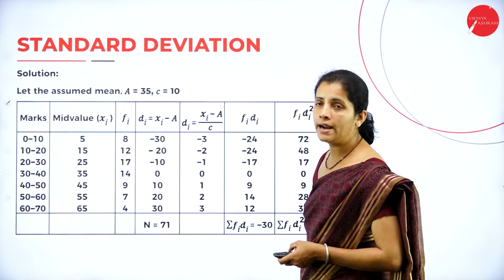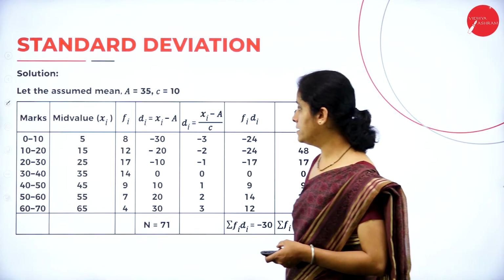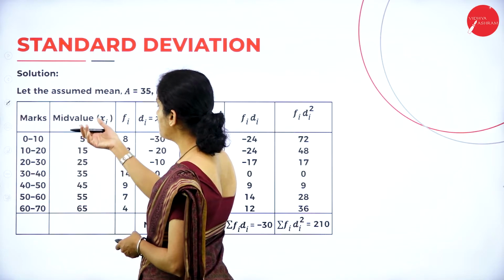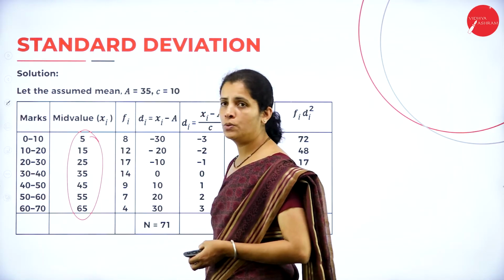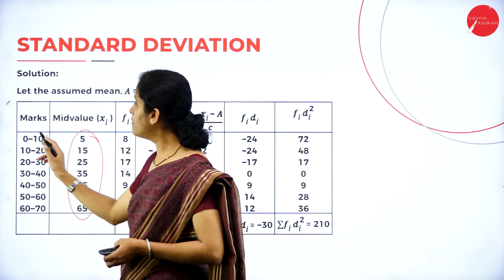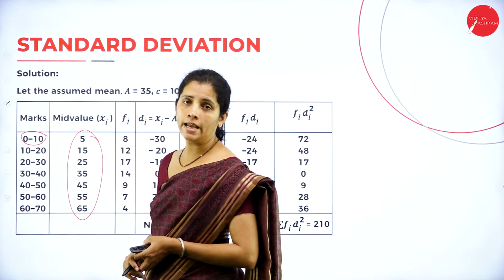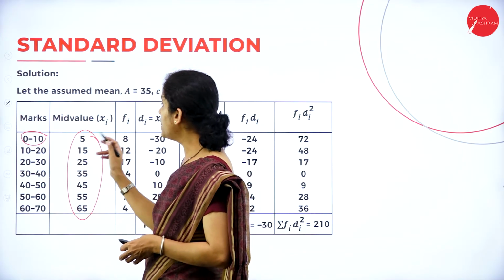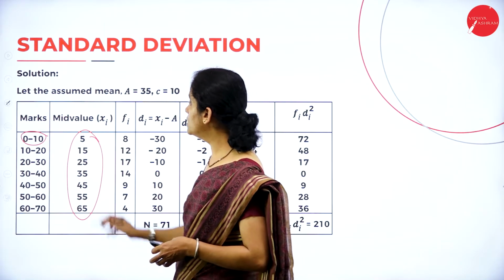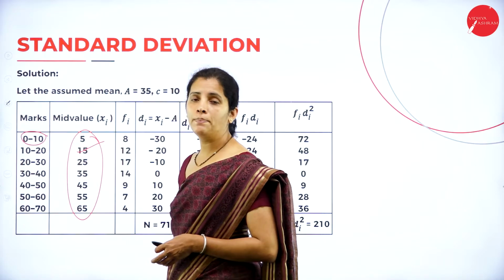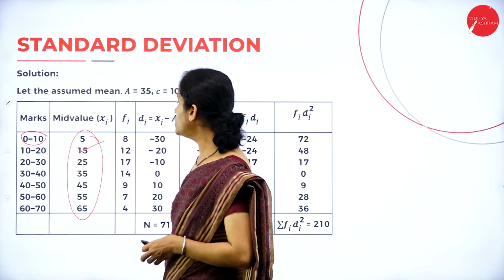Before finding the assumed mean, let me construct the table here. So I have the marks and I have the middle value. How did I get this middle value? Dear student, consider 0 plus 10, it is 10, 10 by 2 is 5. 10 plus 20 is 30, 30 by 2 is 15. 20 plus 30 is 50, 50 by 2 is 25.